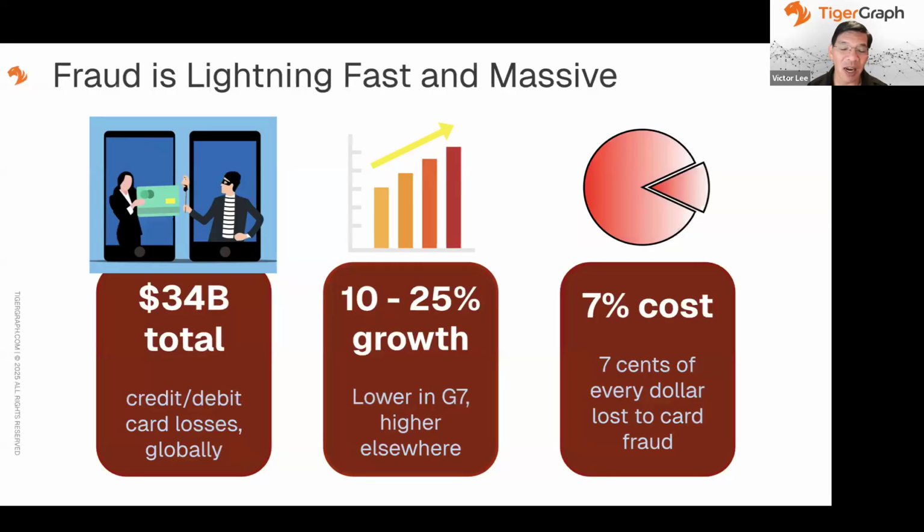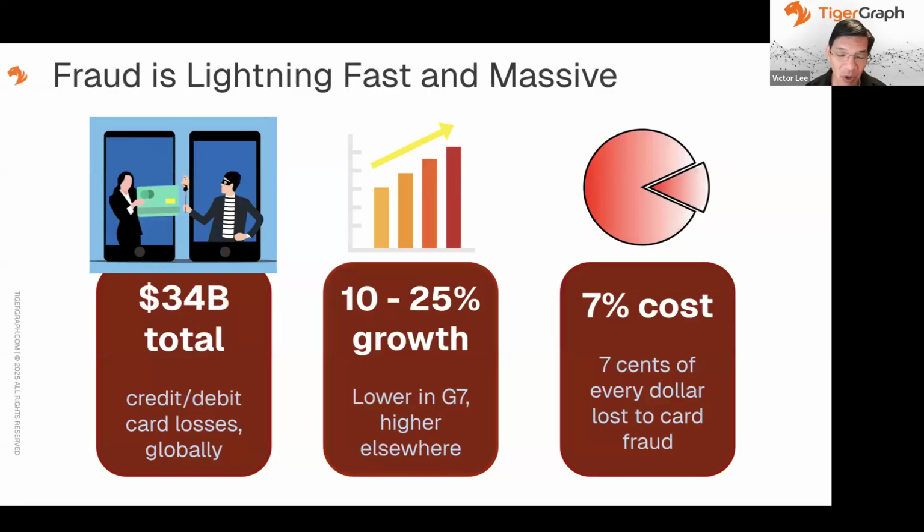And how much is that dollar-wise? Fraud is only maybe a couple percent of transactions, maybe less than 1%, but the dollar amount is higher than that because there are added costs. There's more than just the direct cost of the transaction.